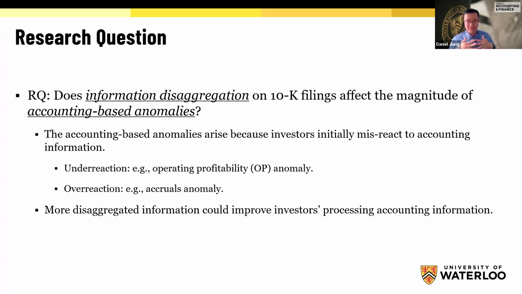Now the question is, how can firms' public disclosure facilitate investors' information processing? In our study, we propose that providing more granular information on the 10K filing may help in this process.